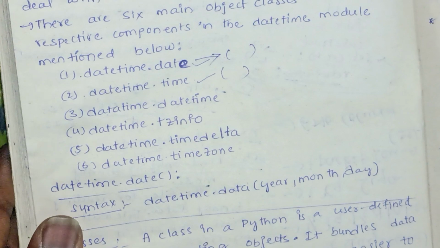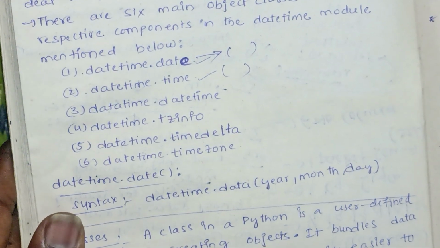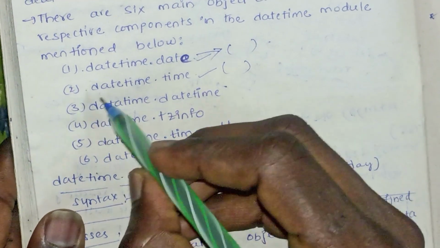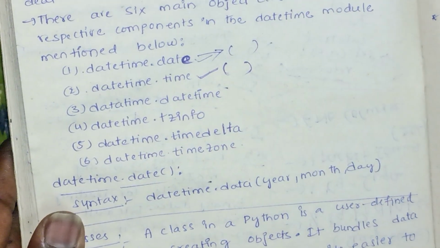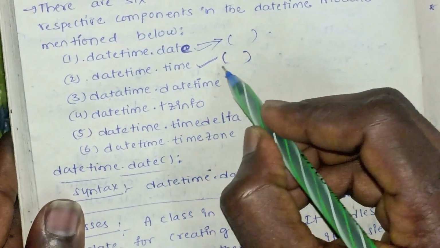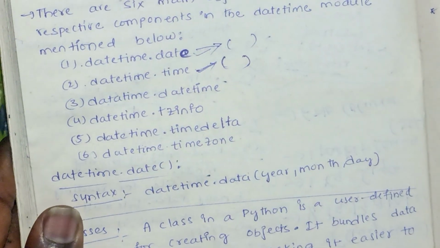Whenever we perform operations using datetime, datetime.time represents the exact time at a particular moment, and that shows the output for the user.